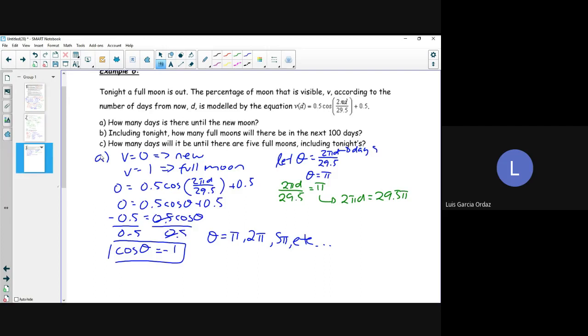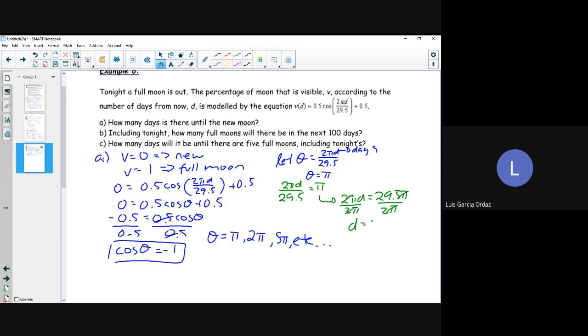And what is the last step we need to do to solve for D? So we're going to divide both sides by 2 pi, which means the pi's cancel out.